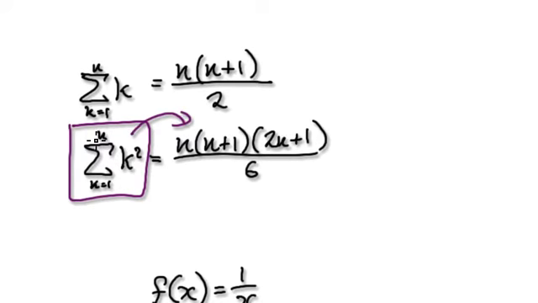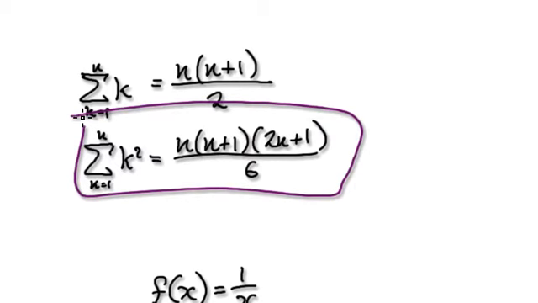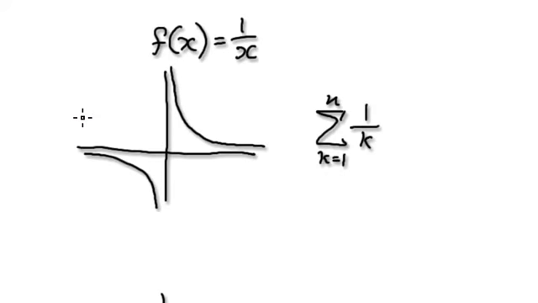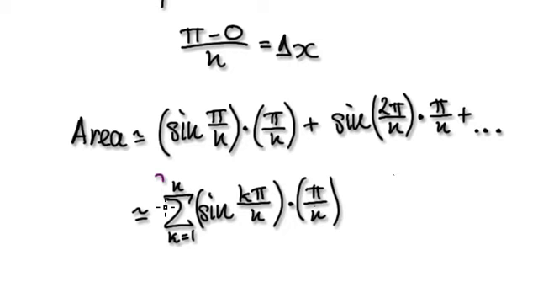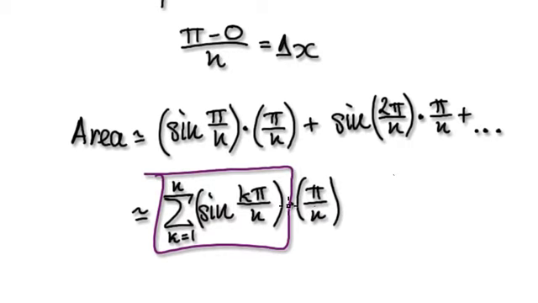This here allowed us to work out the area underneath f of x equals x squared. Well, when it comes to sine of x, we would need the equivalent of this thing here. So how would we go about that?